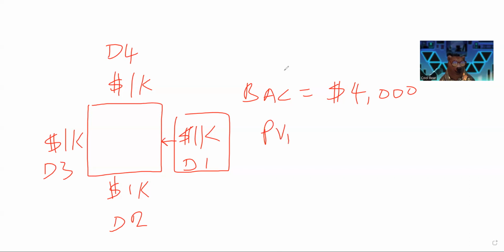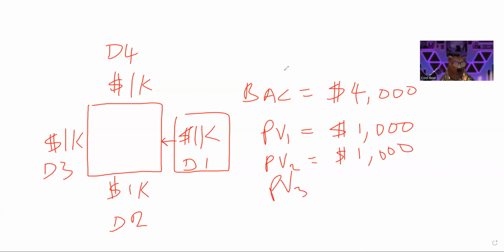PV for day one is $1,000. And PV for day two is also $1,000. PV for day three is also $1,000. And PV for day four is also $1,000.